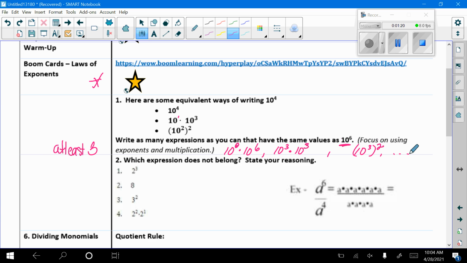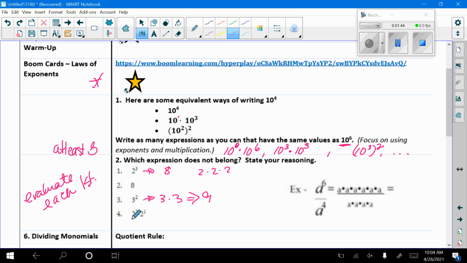Next step, number 2: which expression does not belong? State your reasoning. Well, I would suggest that you simplify each. So evaluate each first. So 2 to the 3rd power is 8, because 2 times 2 times 2. This is 8, and this is 3 times 3, which is 9.